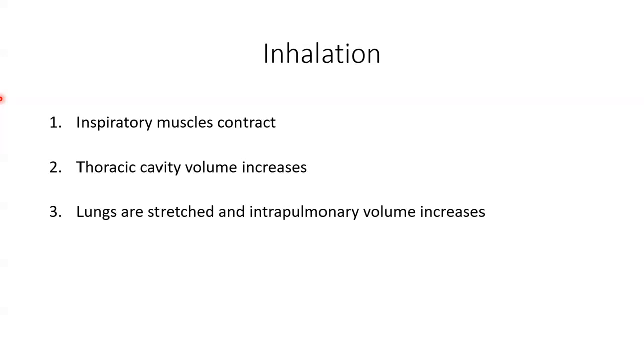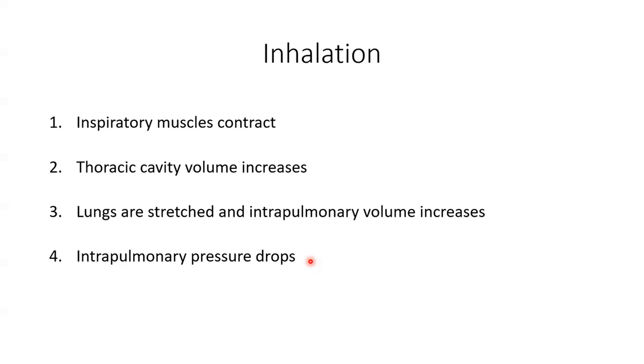Because of the pleura that are attached to the thoracic cavity wall and our lungs, and that space between the pleura, which holds those two pleura together, when our thoracic cavity increases in volume, our lungs are stretched with the thoracic cavity and our intrapulmonary volume increases. So the volume within our lungs increases.